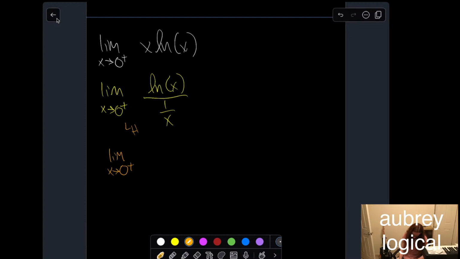Okay. ln of x becomes 1 over x. 1 over x becomes negative 1 over x squared.